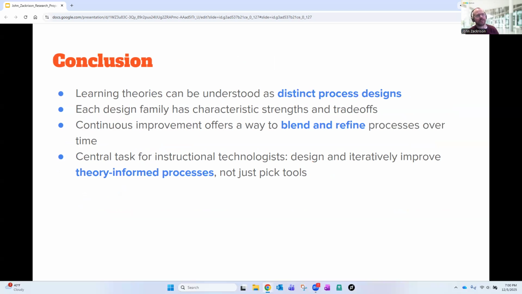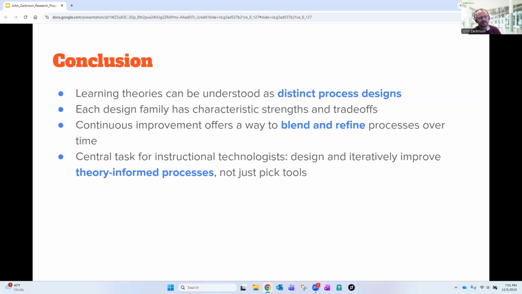To conclude here, the study argues that behaviorism, cognitivism, constructivism, and constructionism can be productively understood as process designs for learning, each with characteristic strengths, trade-offs, and contextual affordances. And that's the idea.